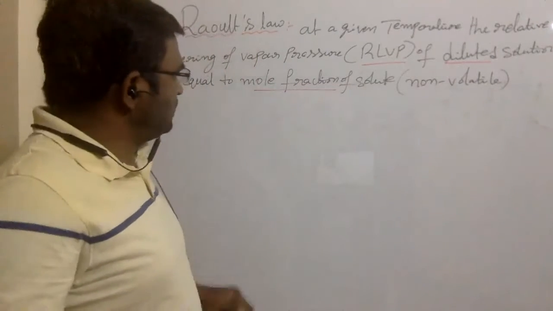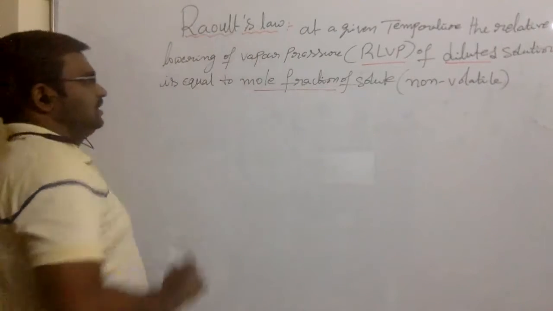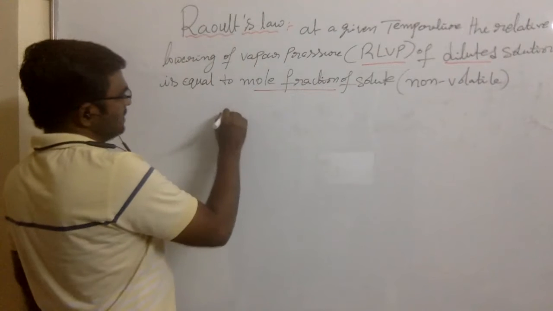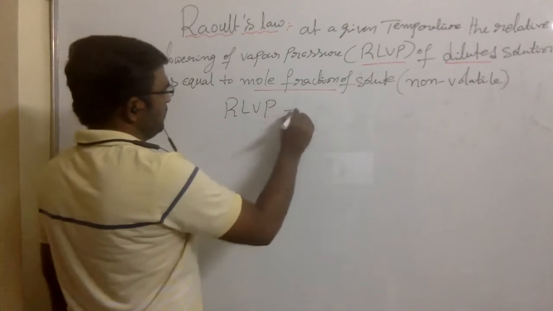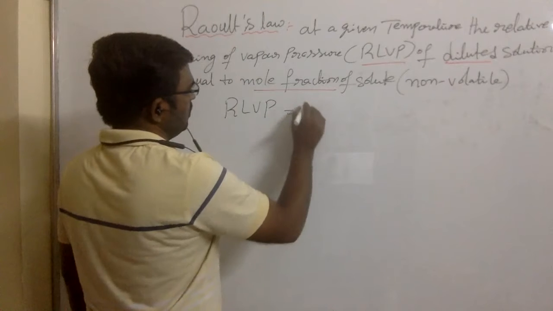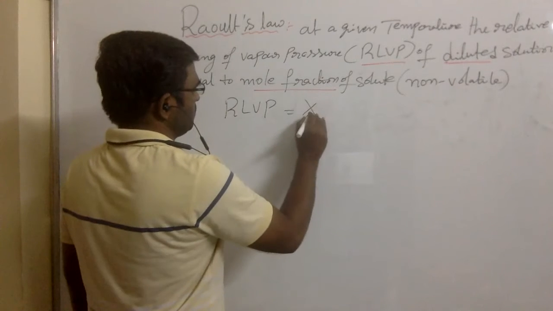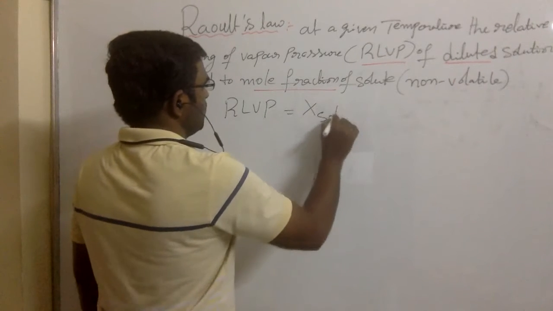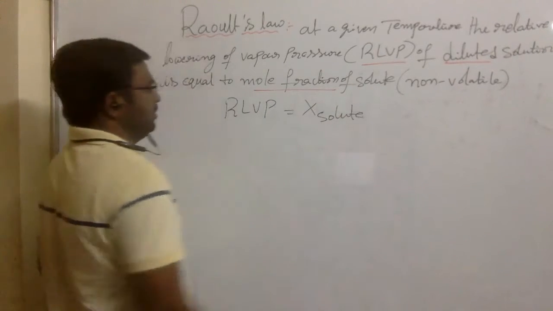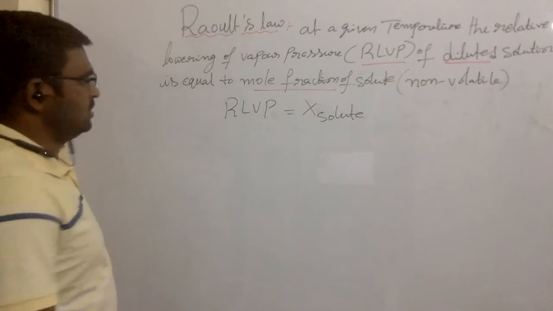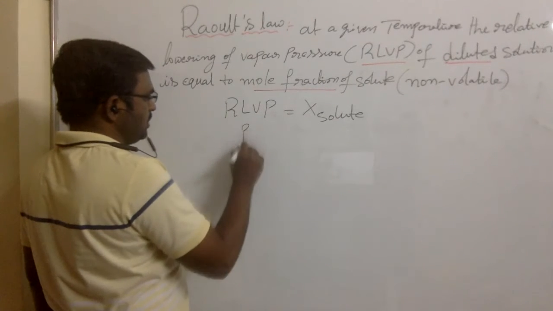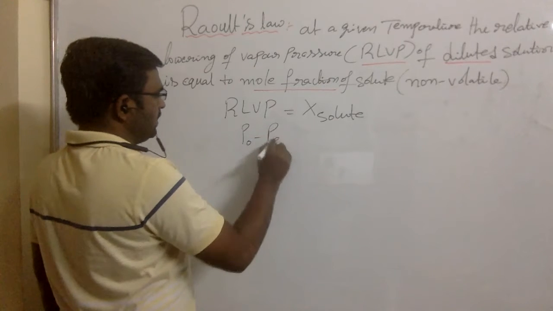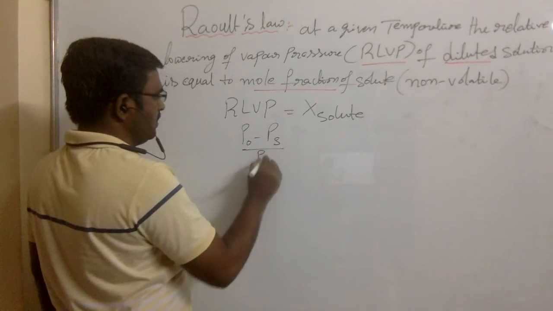So now I'll write the formula related to the definition. See students, RLVP is equal to the mole fraction. Here mole fraction is represented by X, mole fraction of which one? Solute. This is the formula. The RLVP formula is (P naught minus PS) by P naught.